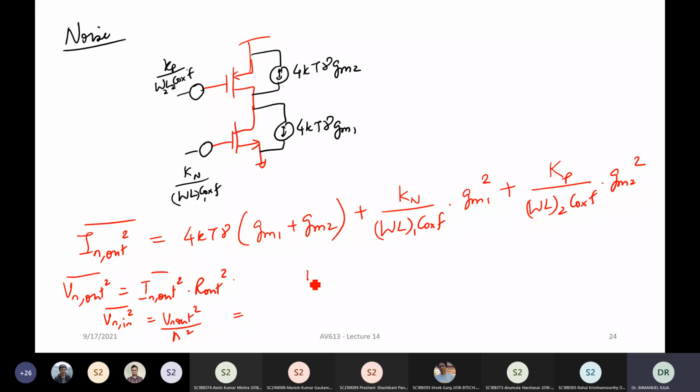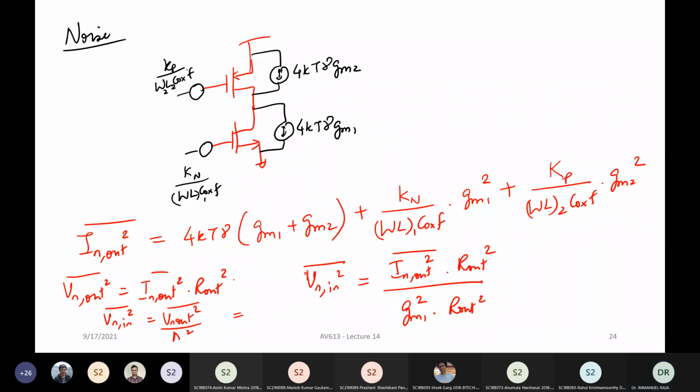So you can write Vn in squared bar to be In out squared multiplied by R out squared divided by GM1 squared multiplied by R out squared, right? Now, of course, both these are going to get cancelled out. You are left with GM1 squared in the denominator.